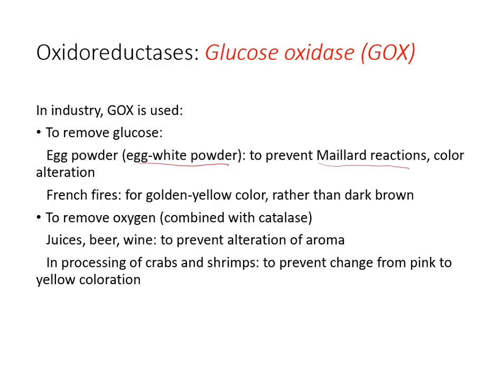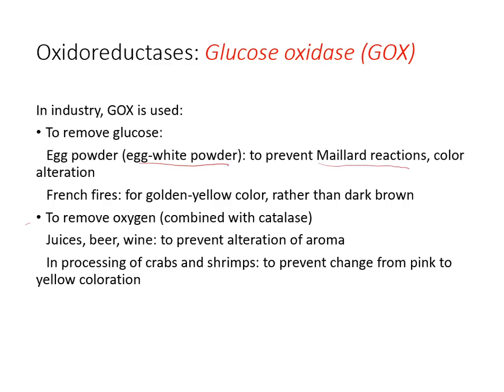It can be used to remove oxygen. The shelf life of juices, beer and wine can be prolonged with this enzyme since the oxidative reactions which lead to aroma deterioration are inhibited.